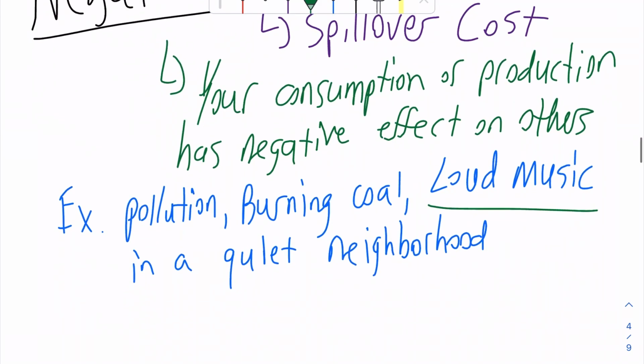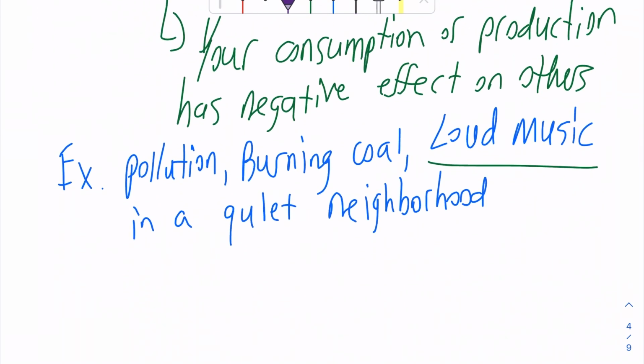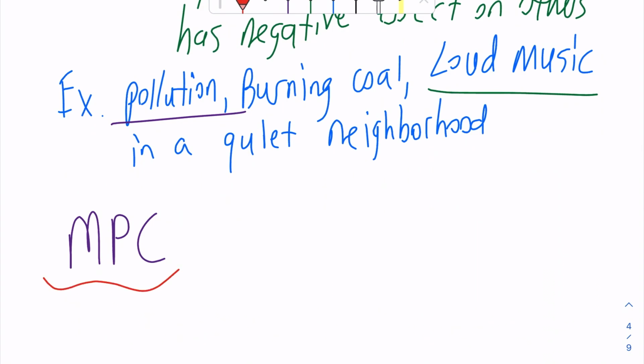Okay, so what does that mean? Well, in order to do pollution, you need to actually make production, and to make something, that's going to cost you money. So that would be your MPC, or your marginal private cost.